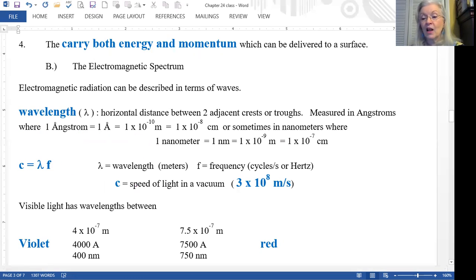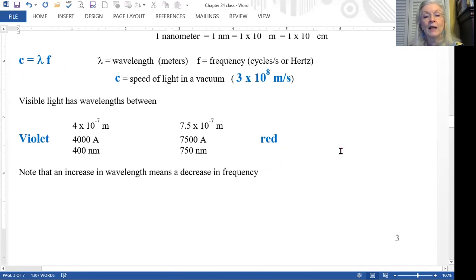Visible light, the light you and I see, ranges from reds to violet. So at the red end of the spectrum, the wavelength would be 7,500 angstroms or 750 nanometers. And at the violet end, it would be 4,000 angstroms. Again, these symbols are incorrect. I need to change them.